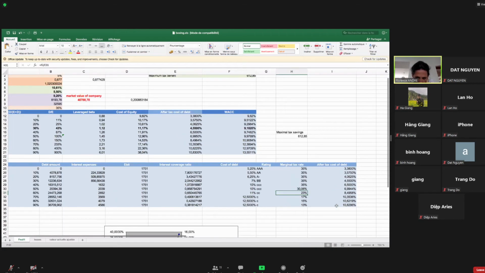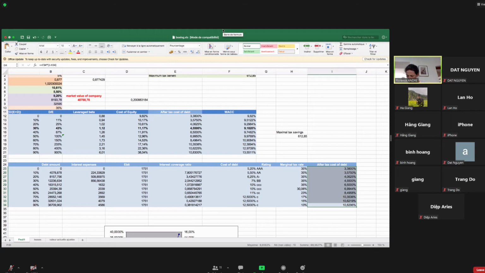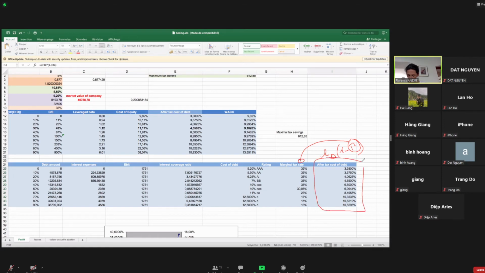And then we have the after-tax cost of debt. The after-tax cost of debt is equal to RD multiplied by 1 minus T, and T is the marginal tax rate. So I have the after-tax cost of debt, I can add it to my table, and then I have the WACC.